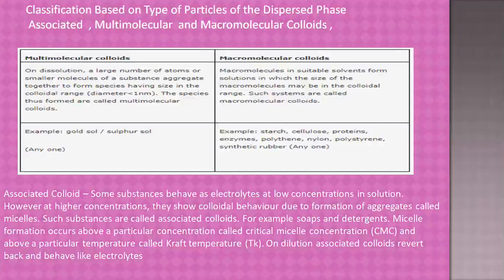Macromolecules are the molecules which have a large size and higher molecular masses. In a suitable solvent, these macromolecules form the solution in which the size of the macromolecules comes within the colloidal range. Examples are starch, cellulose, protein, enzyme.